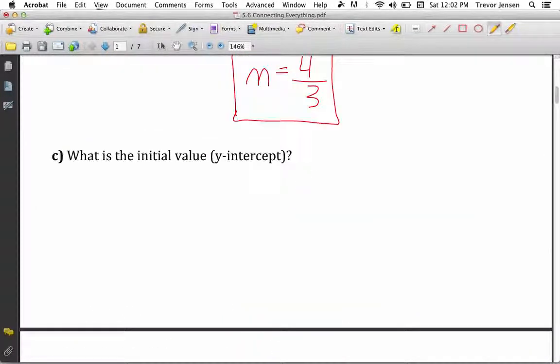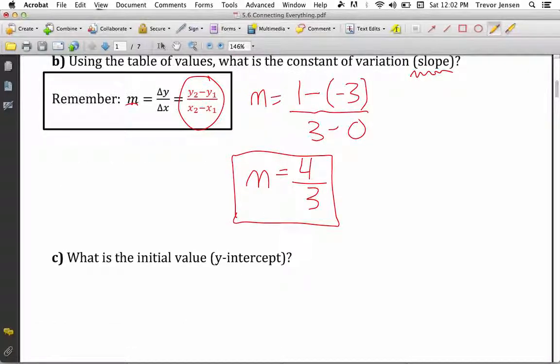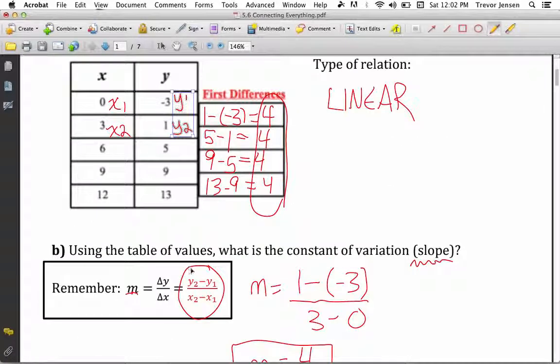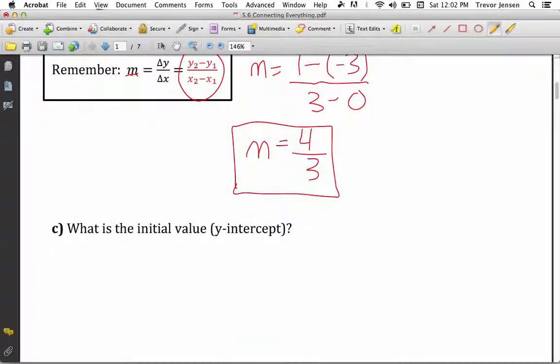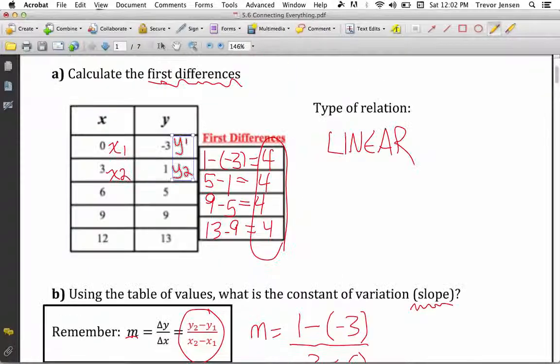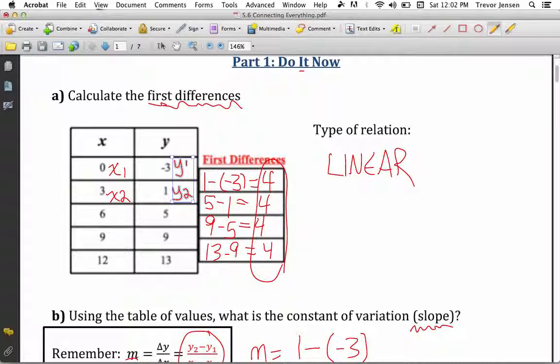So, next part, what is the initial value in this table of values? When it says initial value, it means when x equals 0, what does y equal? In this case, we're going to look at our table of values, and you'll actually be able to see there's a value of 0 for x in our table of values.